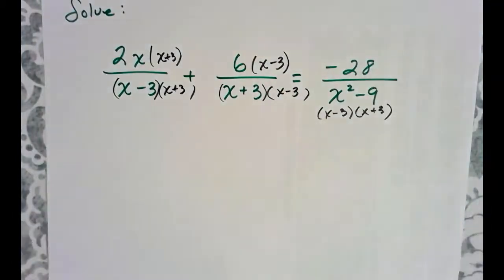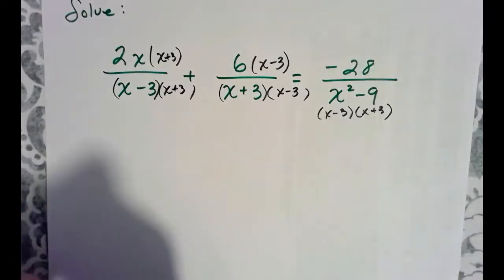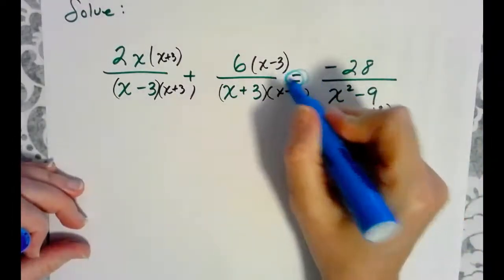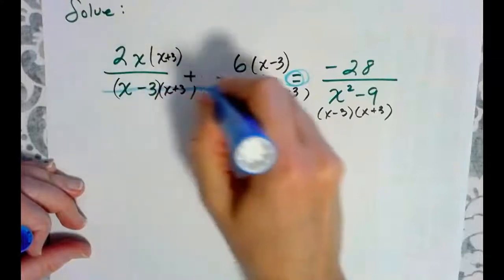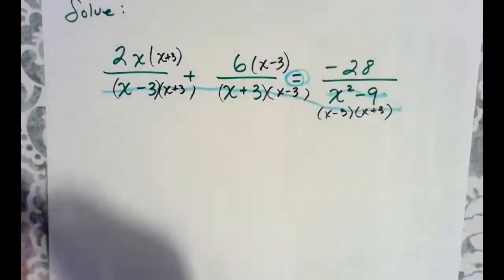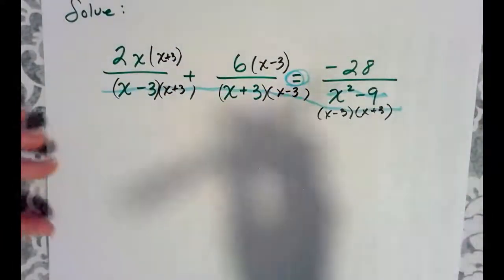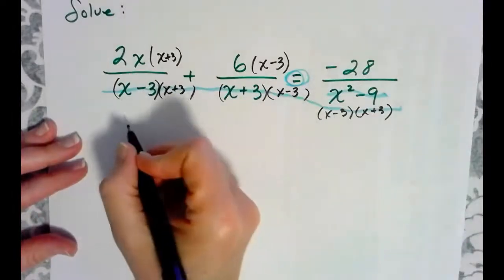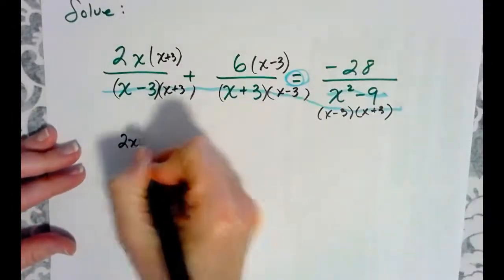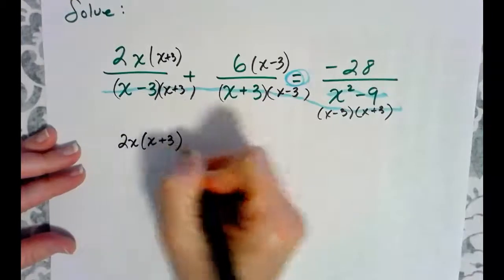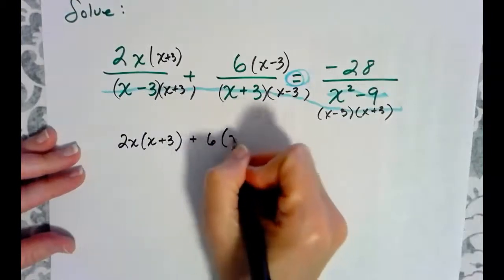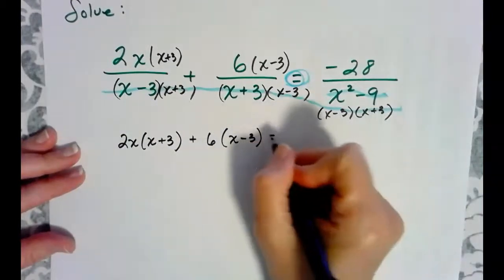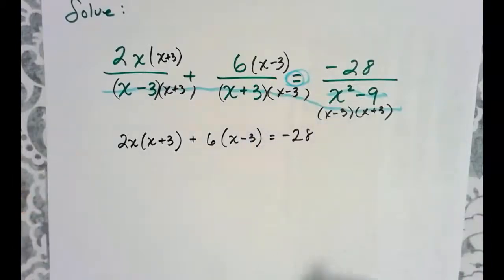So now, just like we've discussed in class, once you have a common denominator all the way across an equation, you no longer need it. We've used it and we're going to lose it. And now we just need to work on the numerator, which is 2x times x plus 3 plus 6 times x minus 3 equals -28.